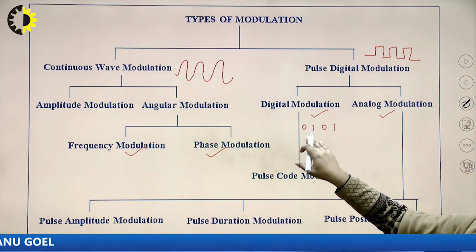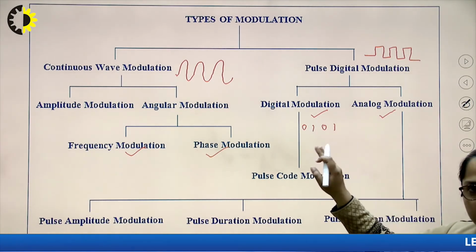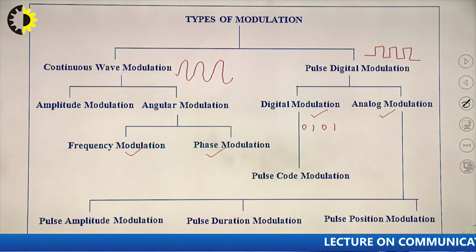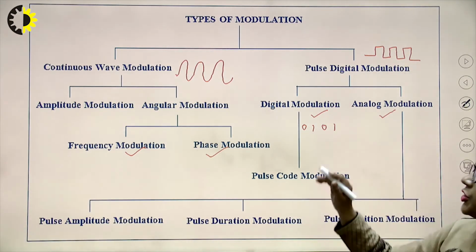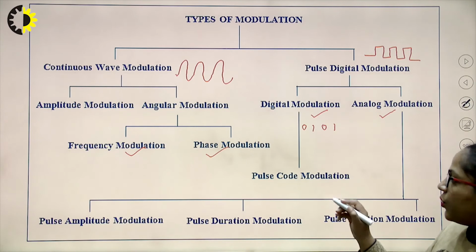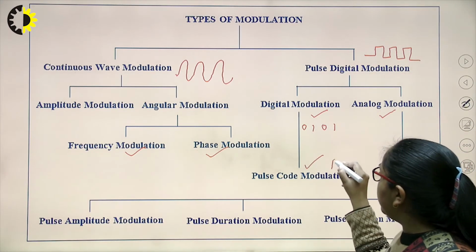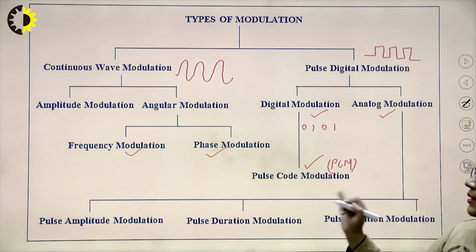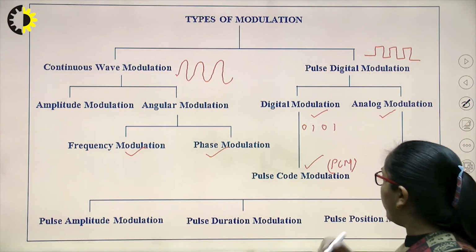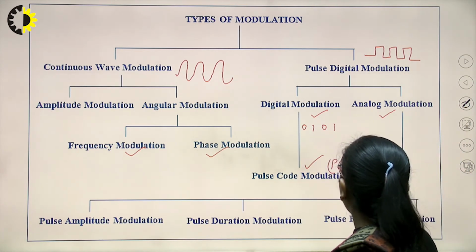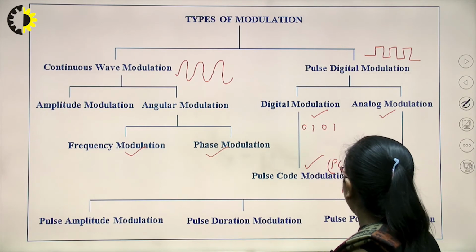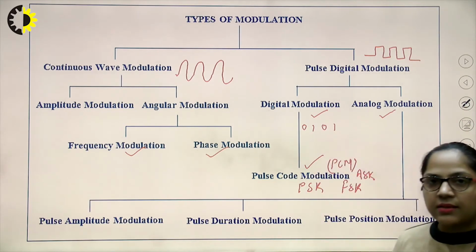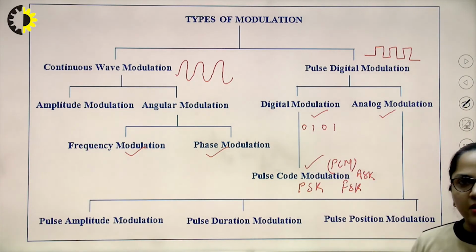If our information is in digital form and our carrier is in pulse form, then we have pulse code modulation, that is PCM. Under digital modulation, we also have ASK, amplitude shift keying, FSK, frequency shift keying, and PSK, phase shift keying, which we will discuss when we study digital modulation.